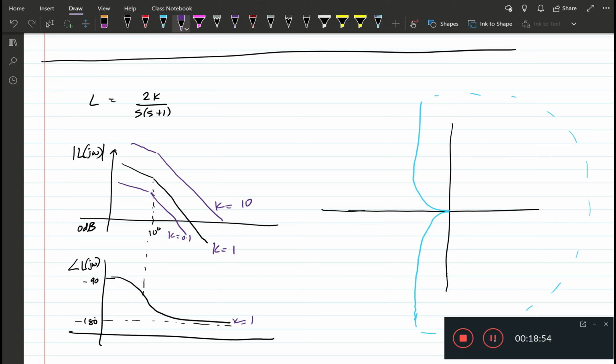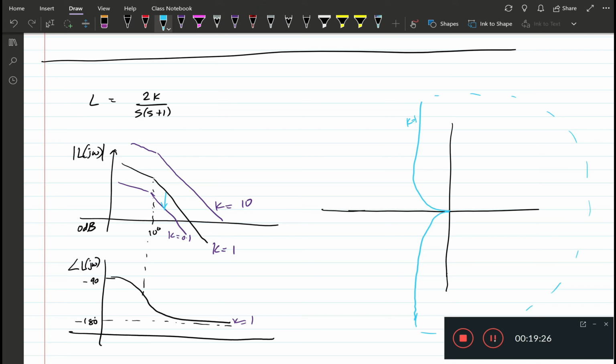Now what would happen to the Nyquist plot? Let's say this one is for k equal to 1. For k equal to 0.1, we bring this one down.